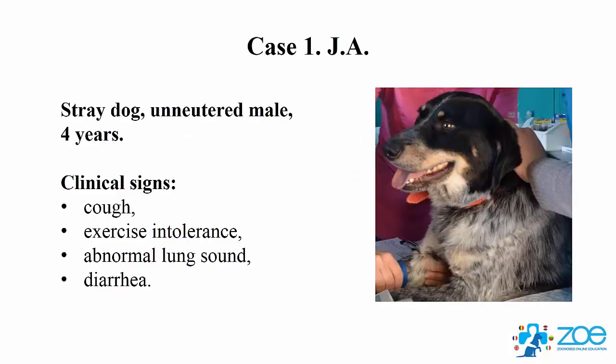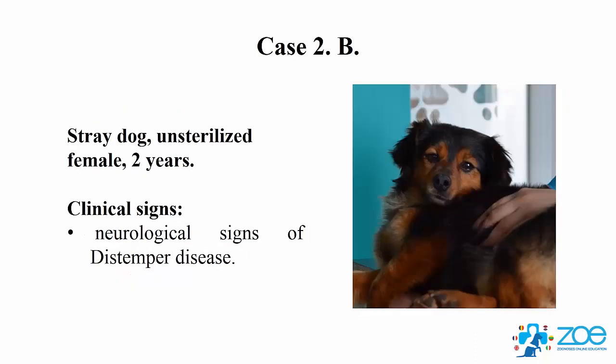Case 1. Stray dog, unneutered male, 4 years old. Clinical signs: cough, exercise intolerance, abnormal lung sound, diarrhea. Case 2. Stray dog, unsterilized female, 2 years old.